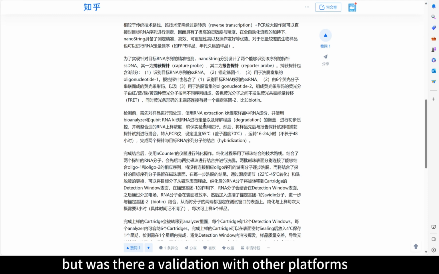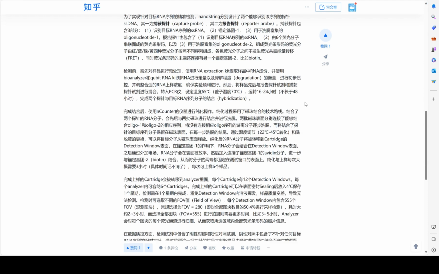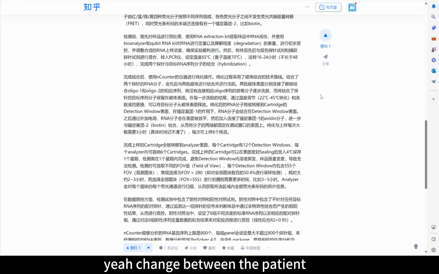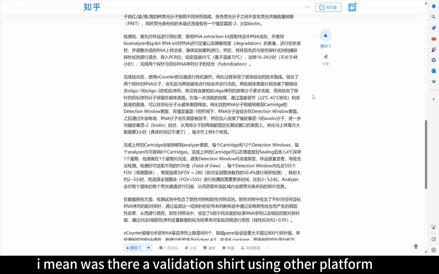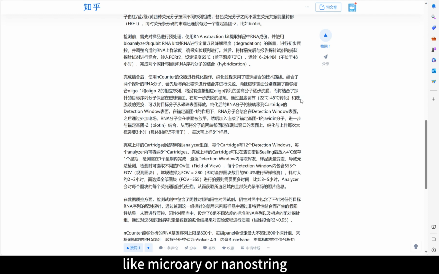But was there a validation with other platforms, like microarray or NanoString? RNA sequence.